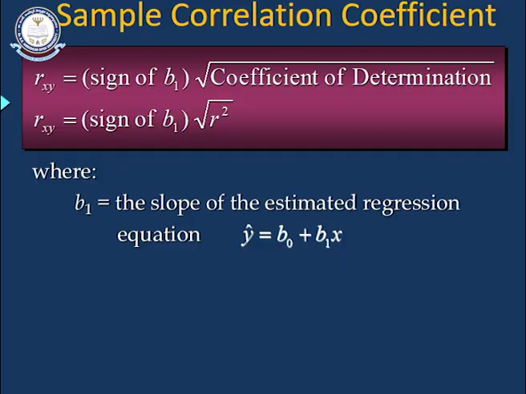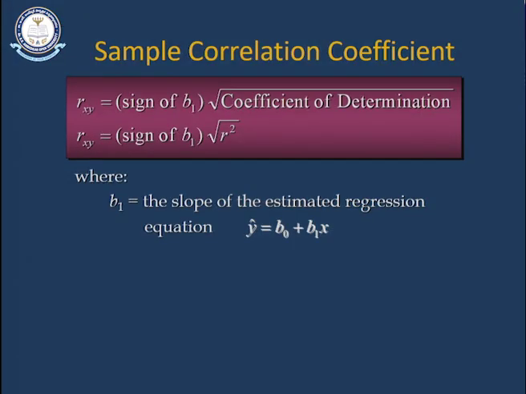and you can even get the correlation coefficient. We know the correlation coefficient can be calculated by Rxy equals the sign of beta 1, which is nothing but the square root of the coefficient of determination. So you will have beta 1 times the square root of R square, and here beta 1 is nothing but the slope of the estimated regression equation, which is y hat equals beta naught plus beta 1 x.